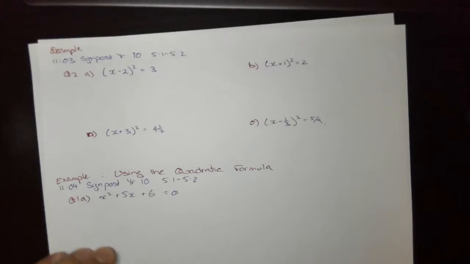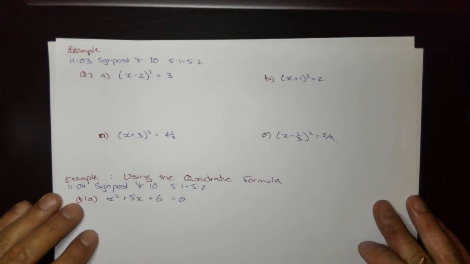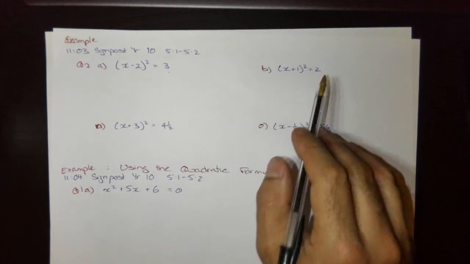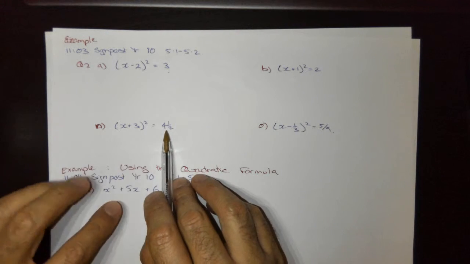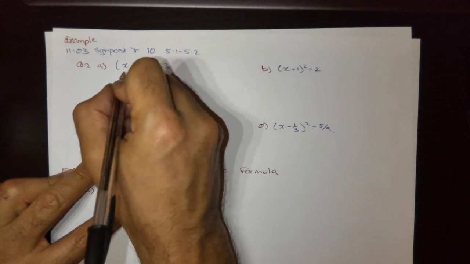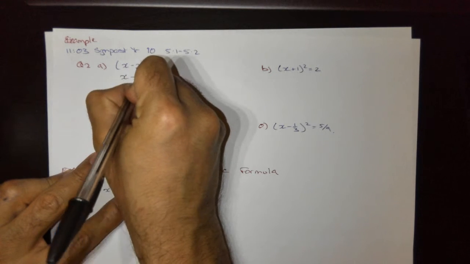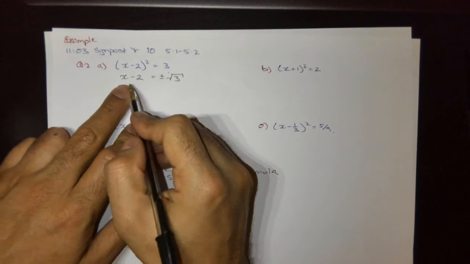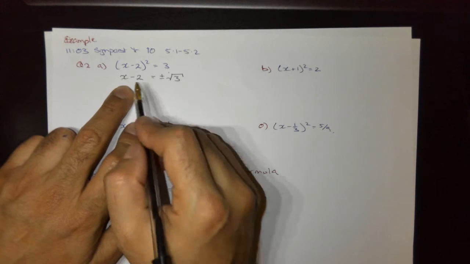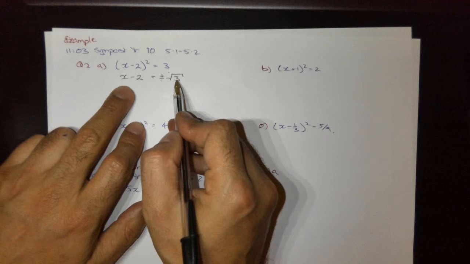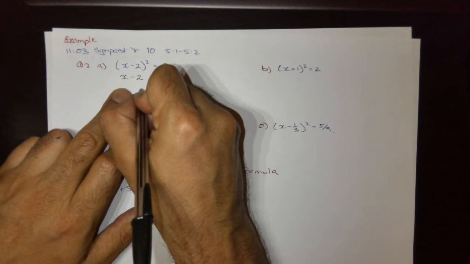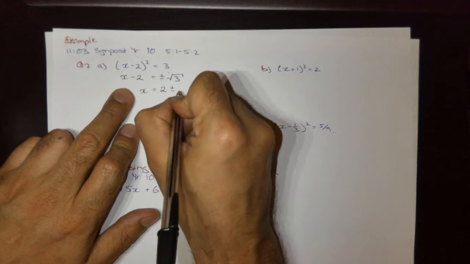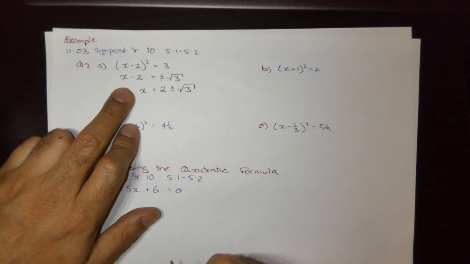Alrighty. Flying through it. Some examples that we also can see is when you have a squared bracket and then you have a value that's not 0. So the first thing to do is we want to square root this, because if we square root both sides, it leaves me with just the stuff that's inside the bracket. And notice I had plus or minus square root 3. If I then add 2 to both sides, I'll get 2 plus or minus square root 3.